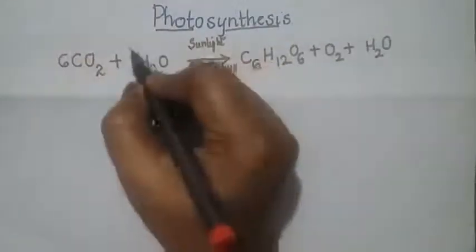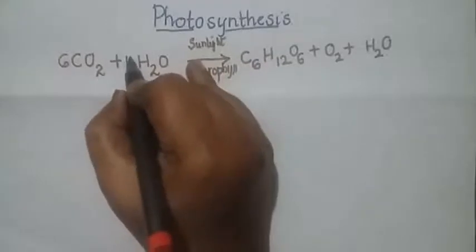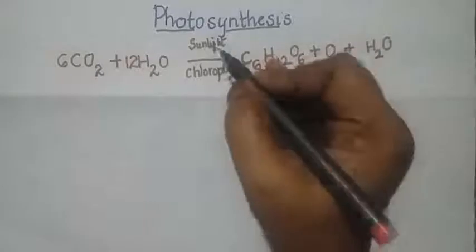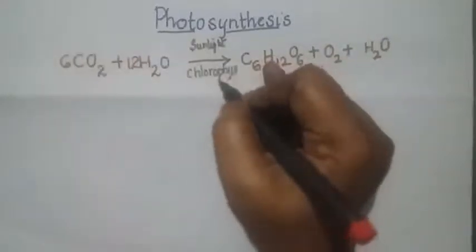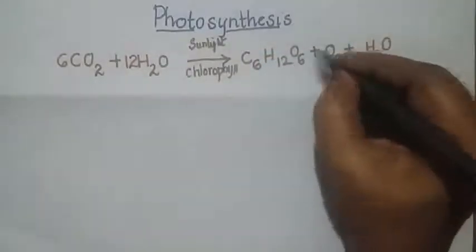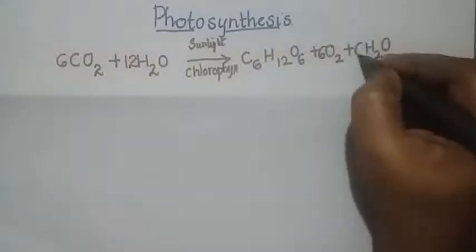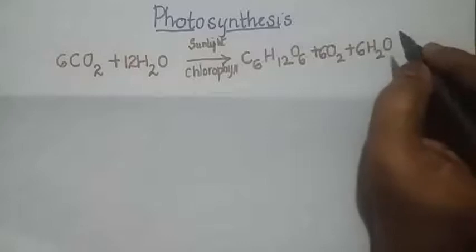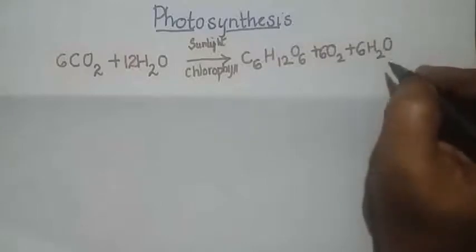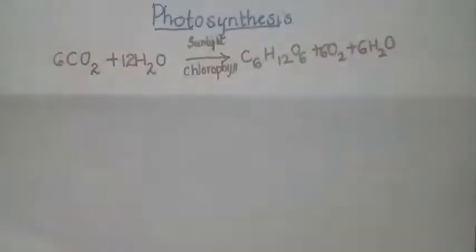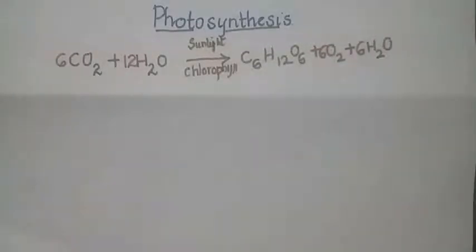So it is going to be 6 molecules of carbon dioxide followed by 12 molecules of water in the presence of sunlight followed by chlorophyll. You get 1 molecule of glucose, 6 molecules of oxygen followed by 6 molecules of water formed on the product side. So how do we define this process?